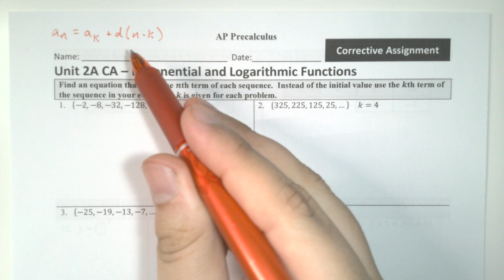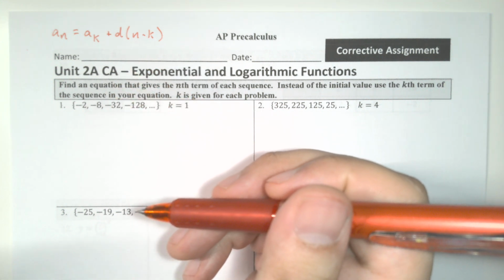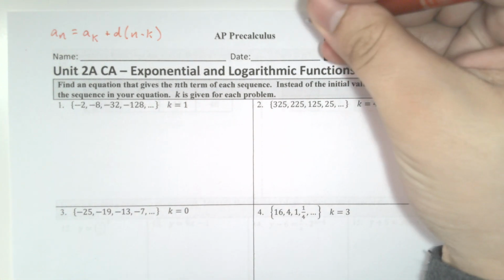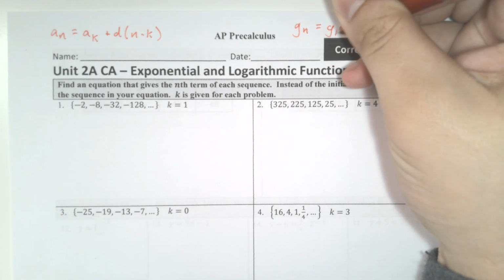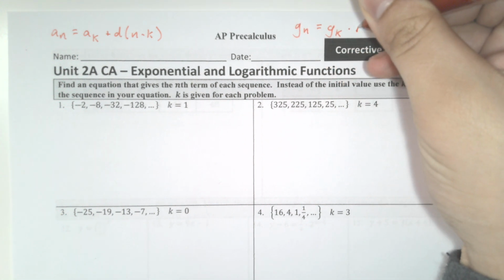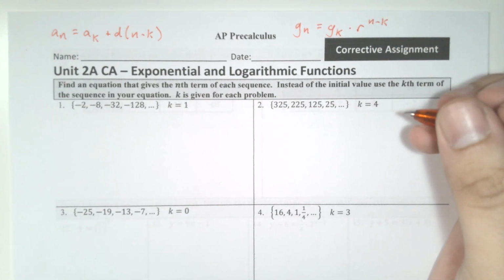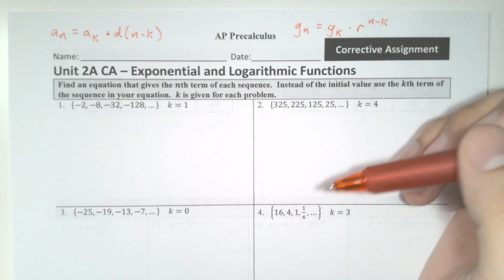But this goes for arithmetic sequences, when we're adding or subtracting some common number to get from one term to the next. And then for geometric sequences, we have g sub n is equal to g sub k times our common ratio to the power of n minus k. So similarly, k signifies the same thing in each of these.